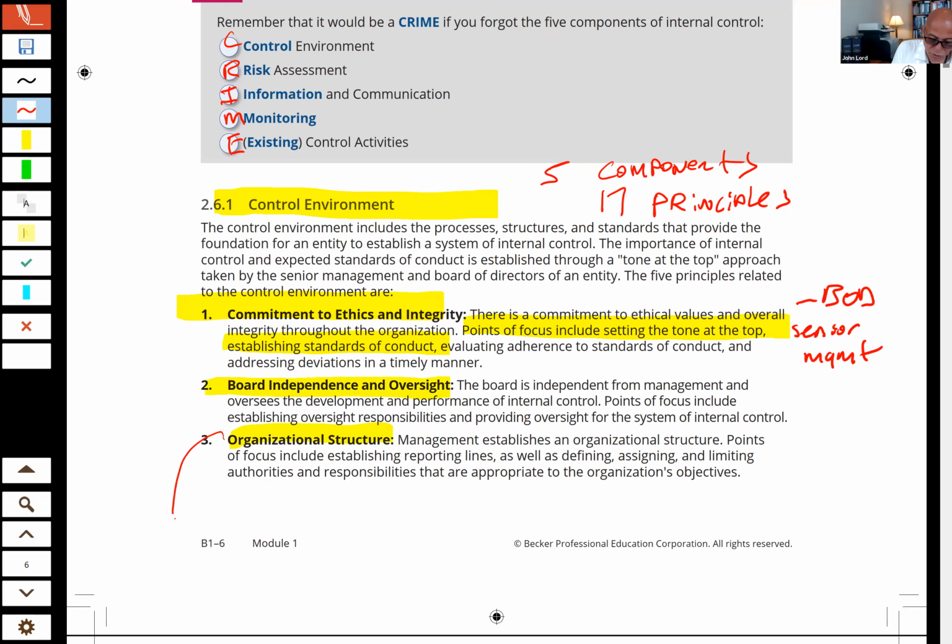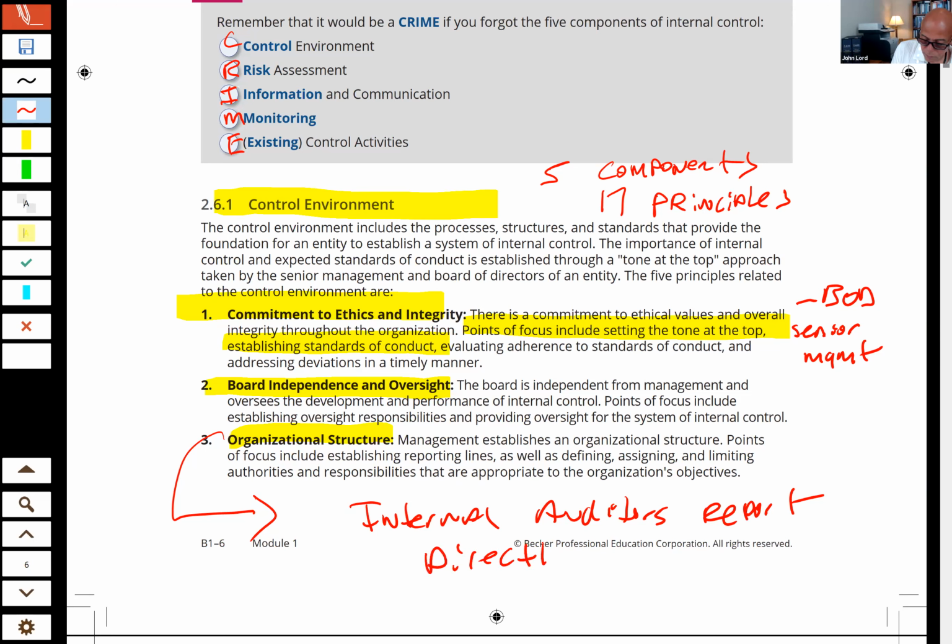An organizational structure that I like to point to is having the internal auditors report directly to the board of directors. I was on an assignment when I worked for the Government Accountability Office, GAO. I spent about 26 years there.